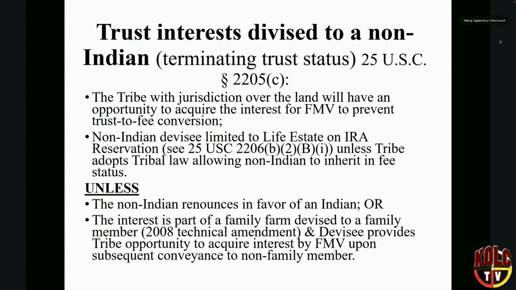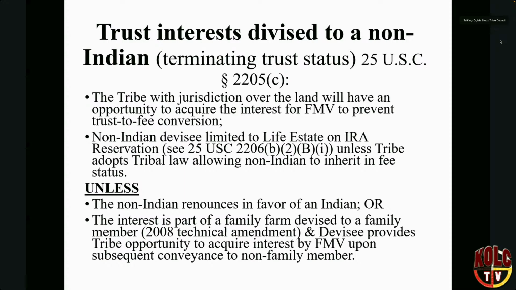There is a little exception: if the non-Indian is living on the land in the house, as part of a family farm, they can take a life estate on that small part of the family farm. But the tribe can buy out that non-Indian spouse at probate for fair market value, and it looks like they can do that without consent. You can basically force a non-Indian spouse to keep the land in trust by buying them out.